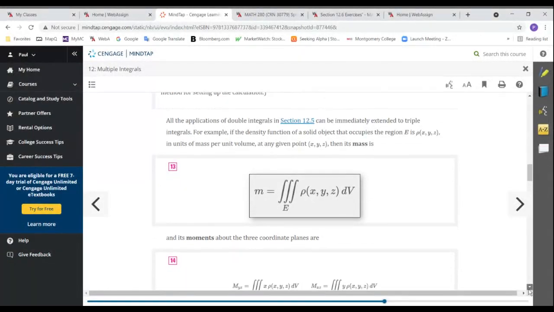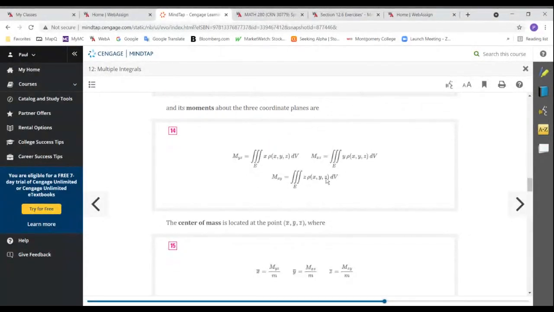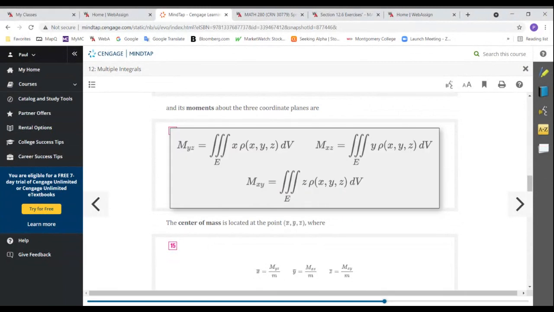If you want to find the moments about the coordinate planes, you're not going to find moments about the x and y axes because you're in 3-dimensional space. So you have moments about the 3 coordinate planes. That's how they're defined. And the center of mass is analogous to what you learned in 2 dimensions, except you're talking about distance from a coordinate plane instead of distance from a line.